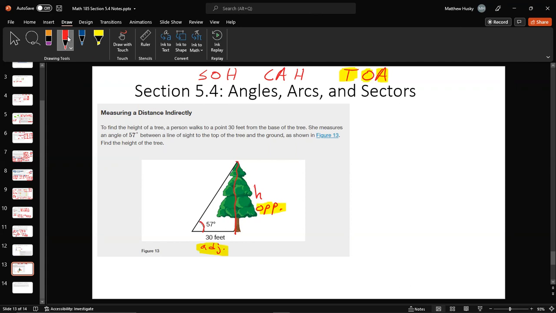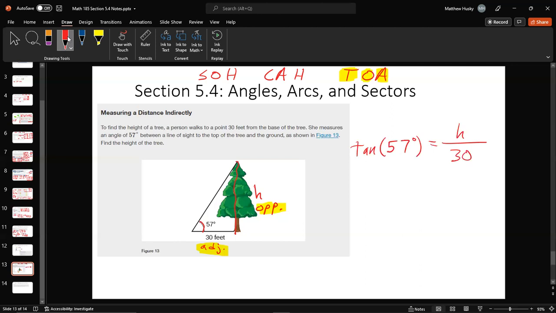The angle in question is tangent 57 degrees. And that should be equal to whatever the opposite side is, which I've called H, I don't know what that is, divided by the adjacent, which happens to be 30. Now, how will we solve this equation for H?